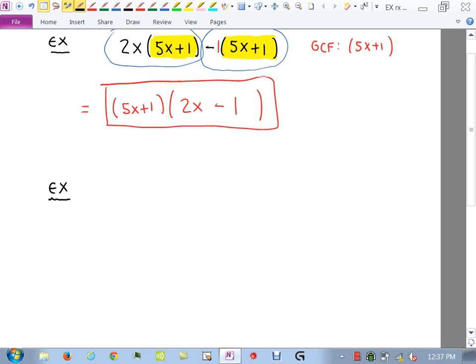So how about this? What if you had: factor x squared plus 3x plus xy plus 3y?